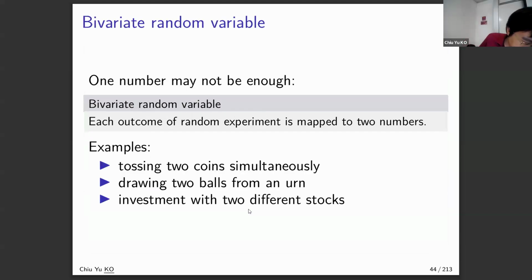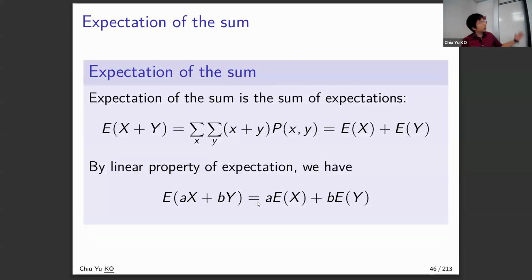Okay, and there's something we just briefly brushed on, but we didn't go into that detail. It's about two random variables. The fact that regardless of independence, the linear property of expectation will still hold, right? It doesn't really matter whether X and Y are related or not.